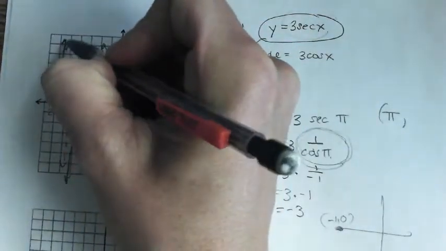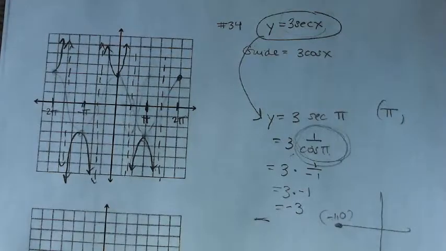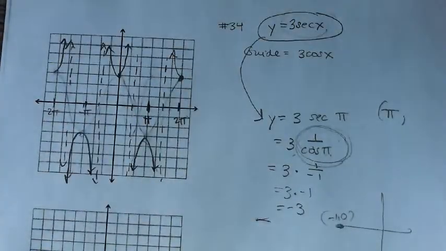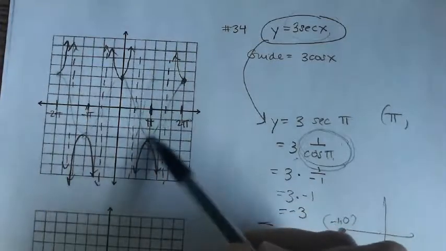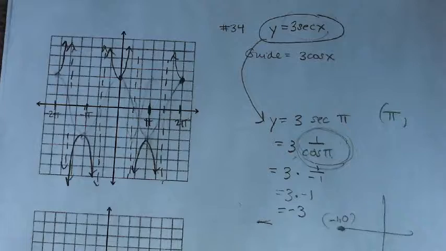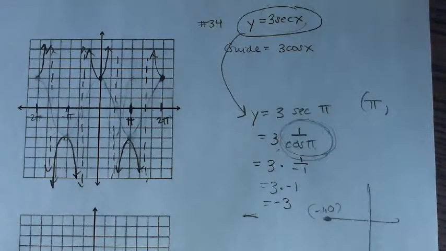So the takeaway there, I guess, is that your guide and your actual graph really won't ever intersect or overlap other than barely touching and being tangent to each other right there. Does that make sense? So, I mean, it is a reciprocal function. I reciprocated the final value, and I shouldn't have done that.